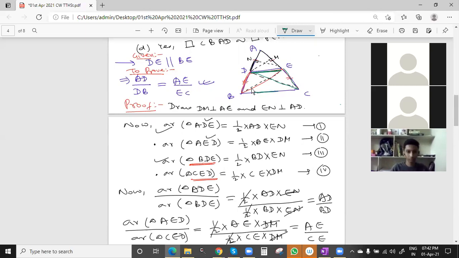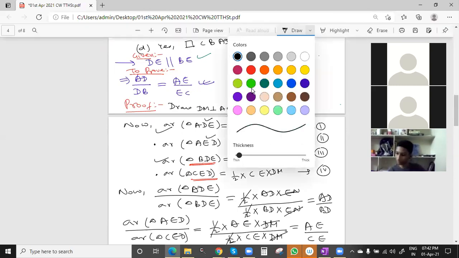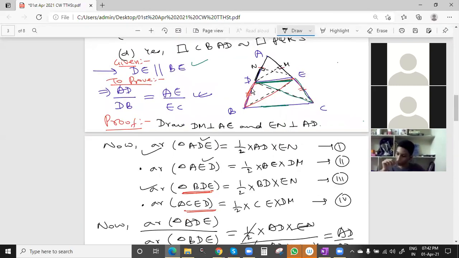DE and BC are parallel lines, as given. We can represent parallel lines by this arrow. Suppose DE is parallel to BC, this arrow shows DE is parallel to BC.